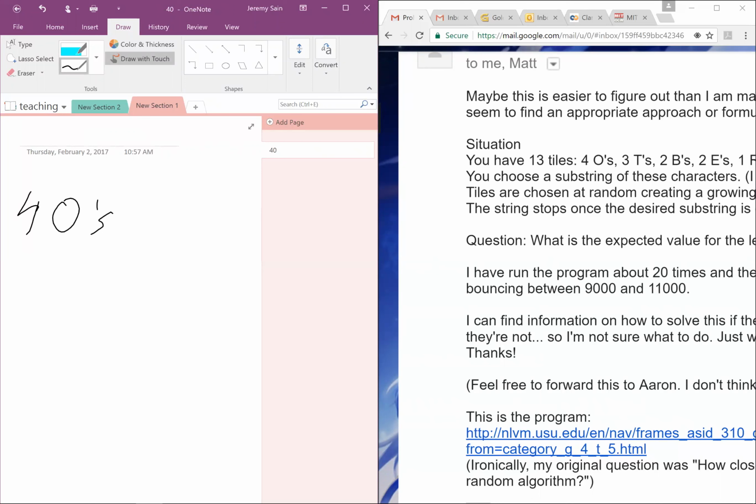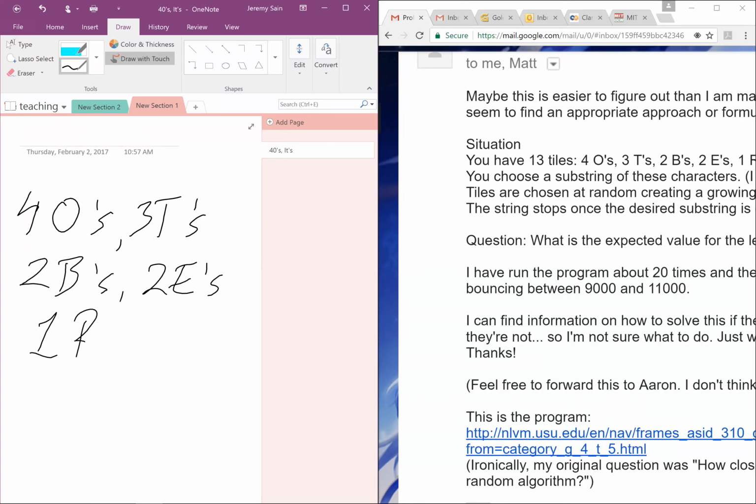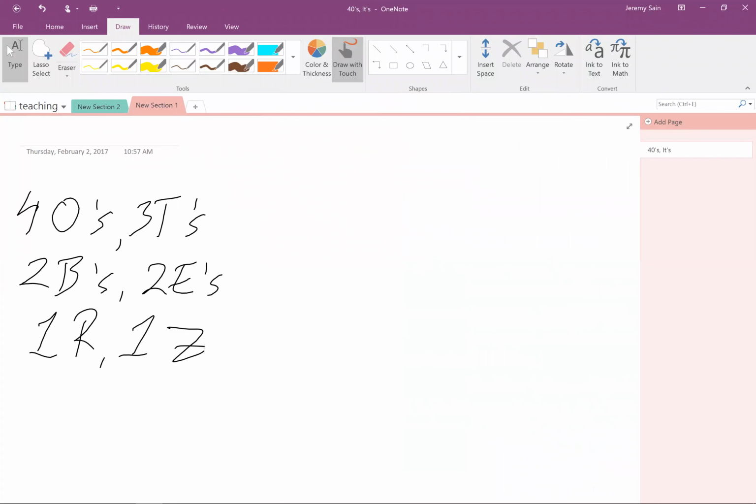These numbers don't really matter, but just for the sake of definiteness, 2 B's, 2 E's, 1 R, and 1, I don't know what the last number is. Okay, I've already got everything for Rotor, so I'll make it a Z. All right, and that is 13 of them, so I got them all.